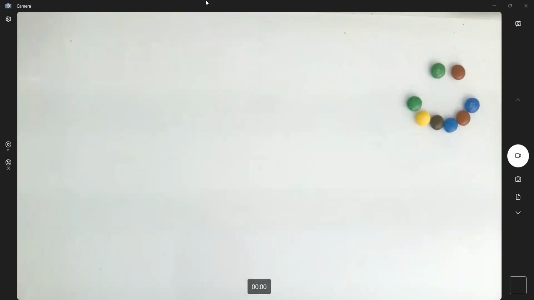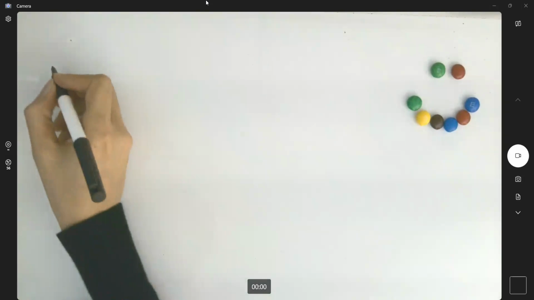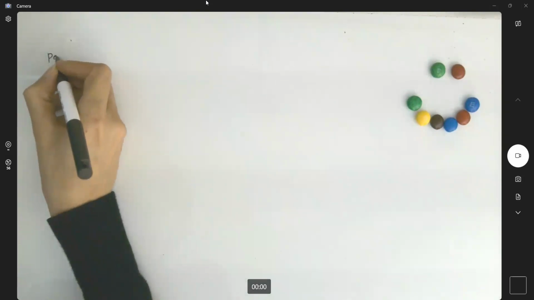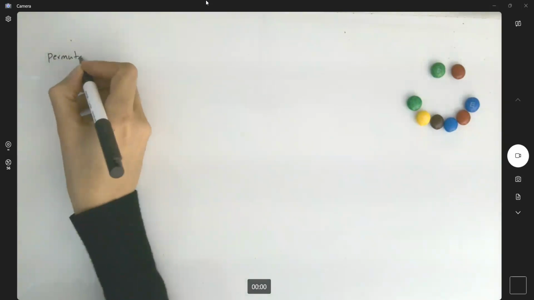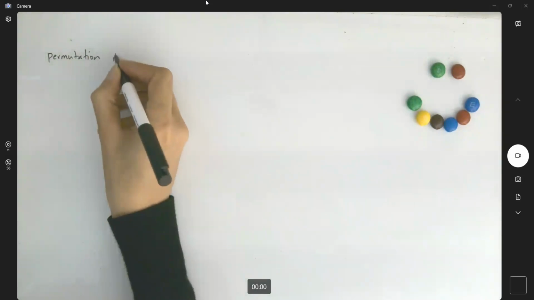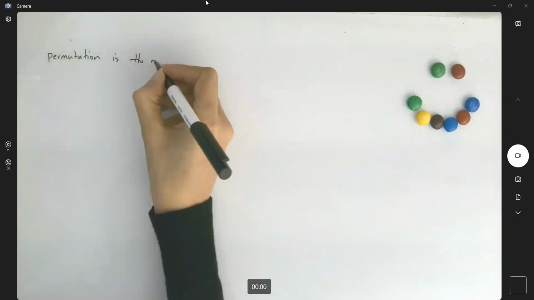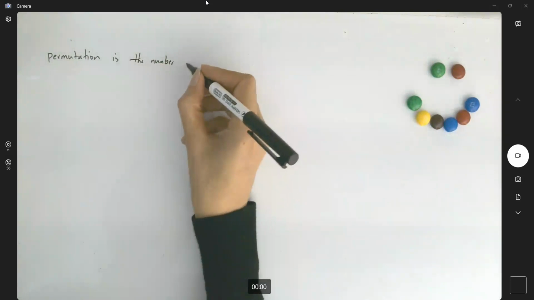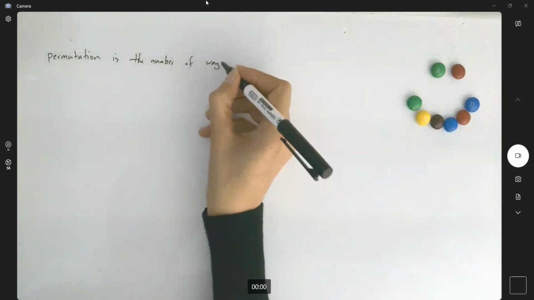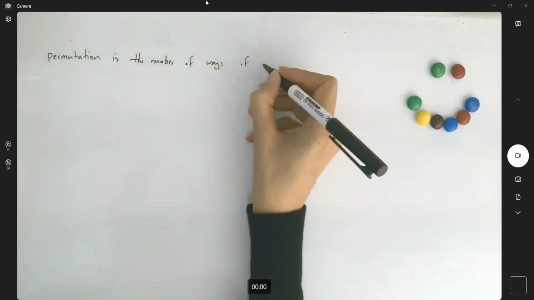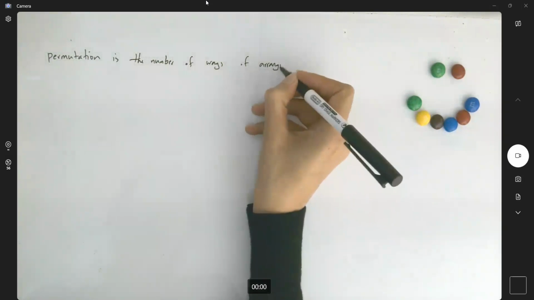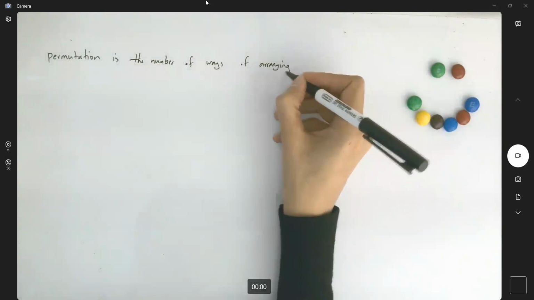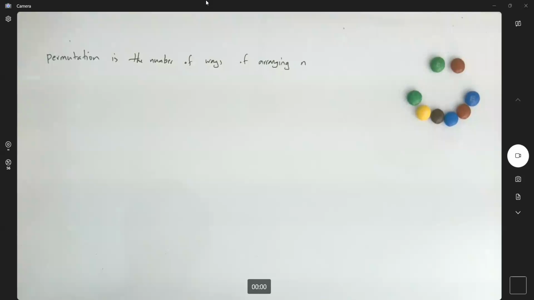So far, we introduced permutation. We said that permutation is the number of ways of arranging n objects, right?